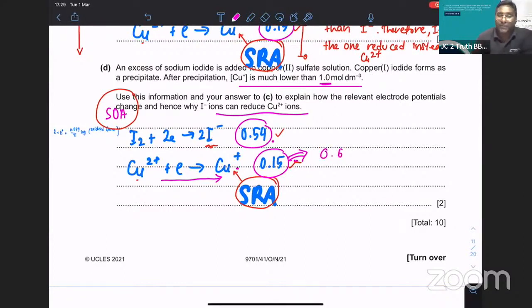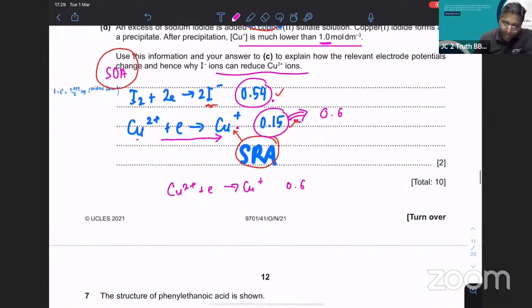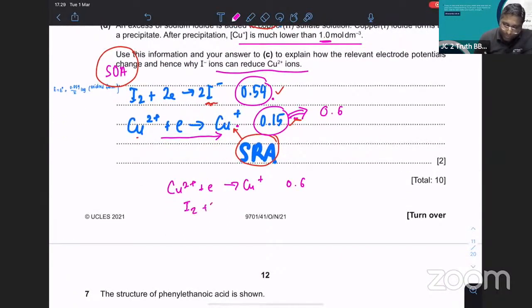What will happen now? Cu2+ plus electron gives you Cu+, maybe 0.6 now, and then I2 plus 2 electrons gives 2I-, 0.54. When I arrange this, this is SOA, and this is going to be SRA, strong reducing agent.